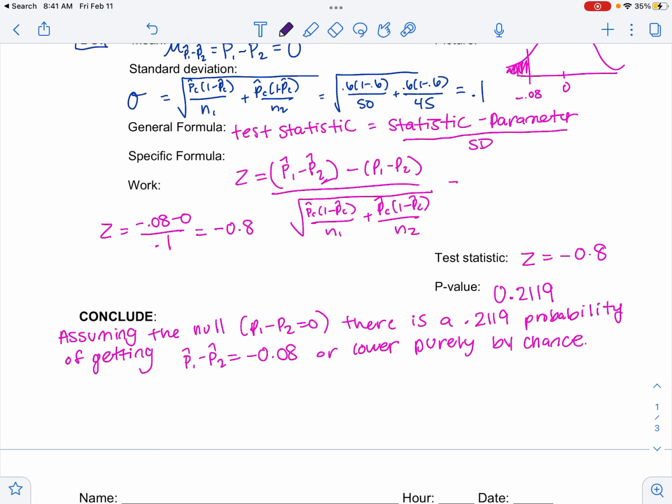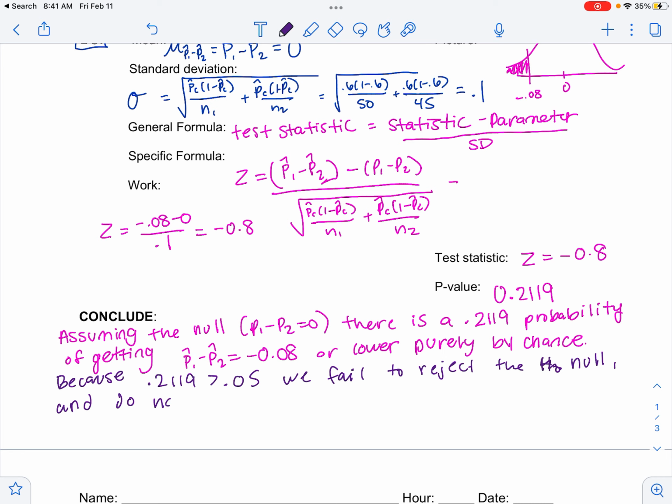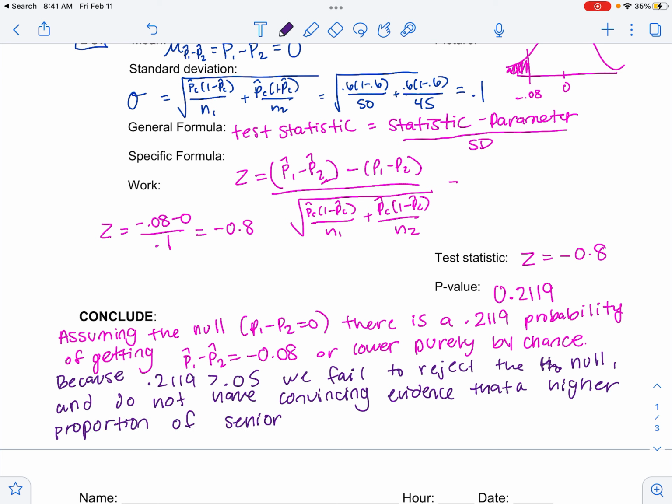The second part, our conclusion: because 0.2119 is greater than 0.05, we fail to reject the null, and do not have convincing evidence that a higher proportion of seniors are going to prom.